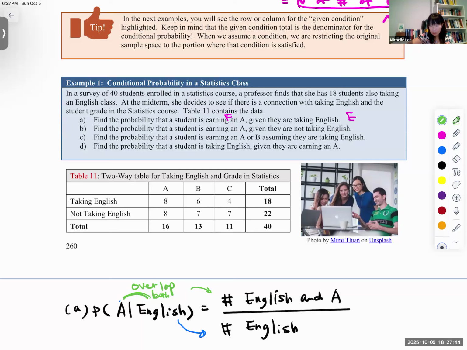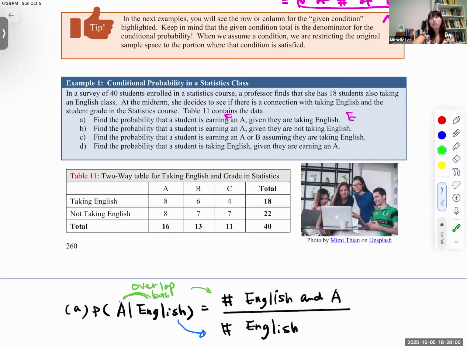Let's make the denominator first. What's the number of taking English? We read this part, which is 18.